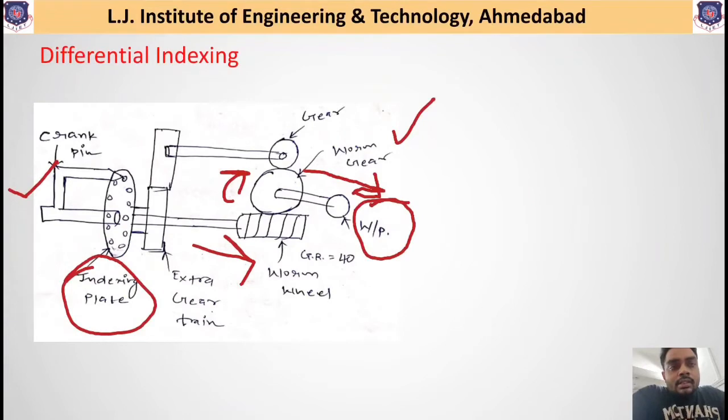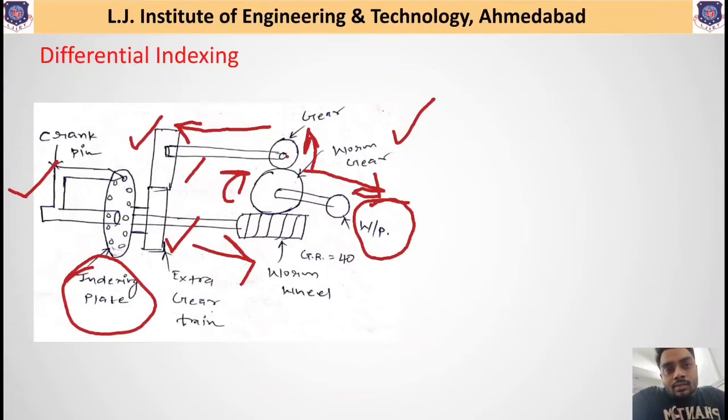With the rotation of the workpiece there is also a gear connected, and this gear will also rotate, and this gear is connected to the gear train. The gear available at this gear train is directly coupled through this shaft, so this other gear will also rotate, and this gear transmits power to the last gear which is directly connected to the indexing plate.